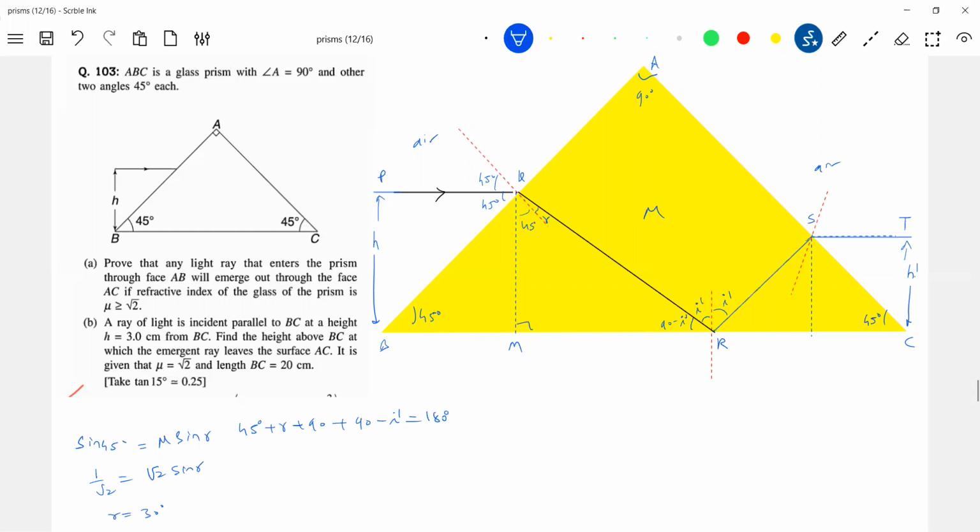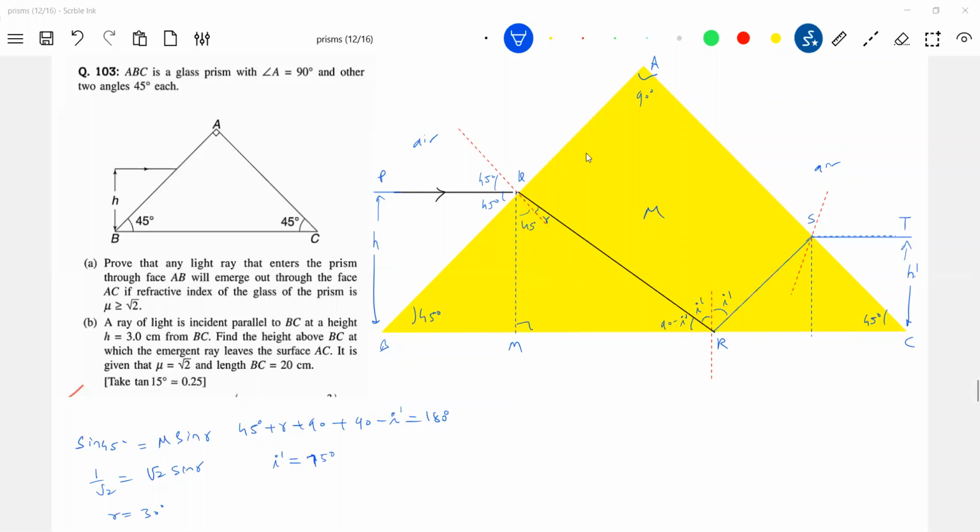So what is the value of I dash? 45 plus R, which is 30, should be 75.